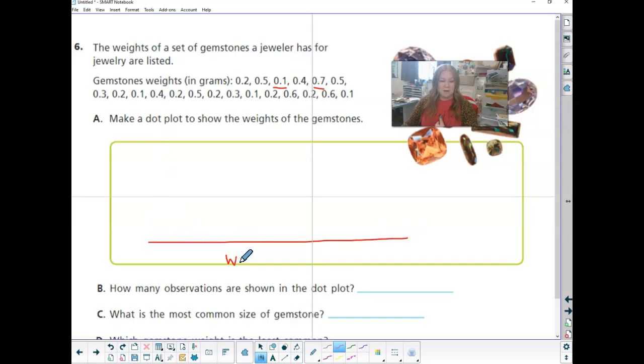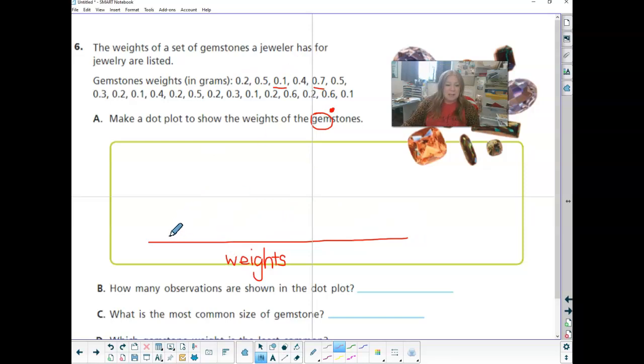So here are the weights. These numbers we're listing are the weights. Every time we make a dot, that's representing a gem. So a gem is a dot. The weights are the numbers. You have to always be able to tell what are the dots, what are they being measured in.